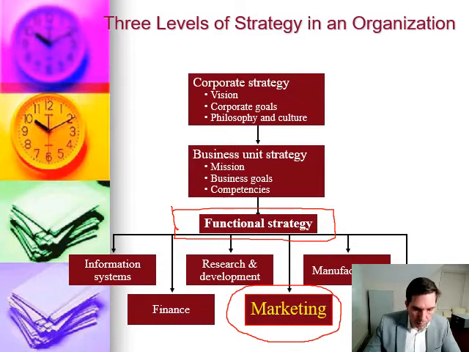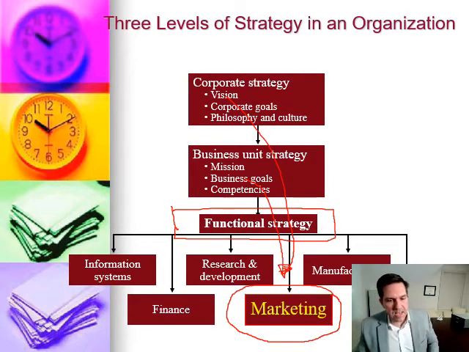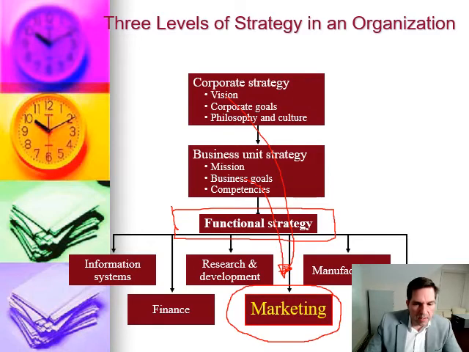Which is going to have to develop a strategy that is consistent with the goals of the business unit and the vision from corporate, okay? So we're going to take that as input, and then we're going to try to come up with the best set of actions to achieve the goals that we have set forth, okay? So I'm going to walk you through that process right now.